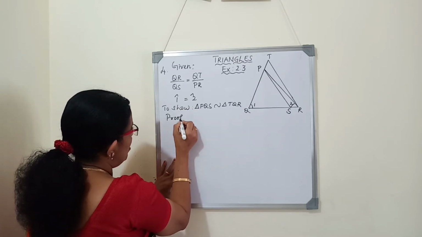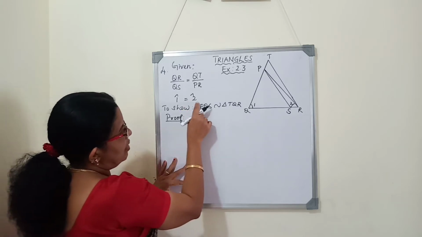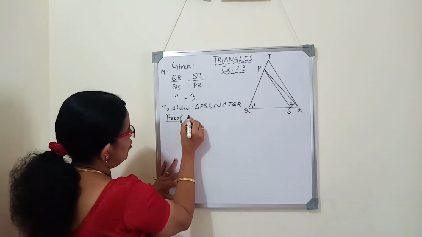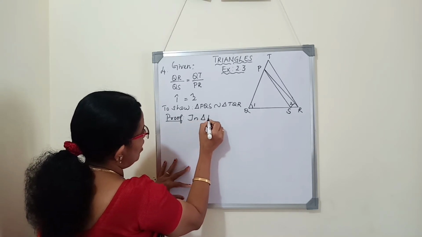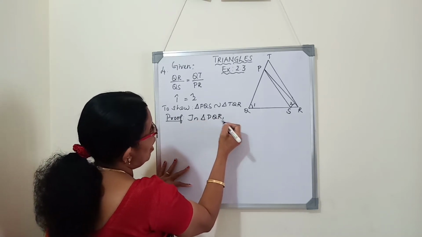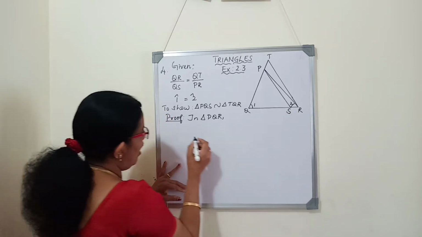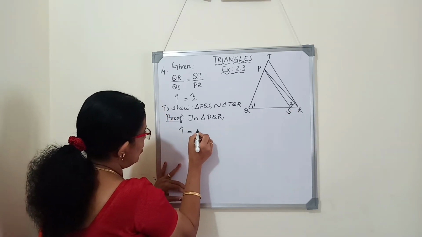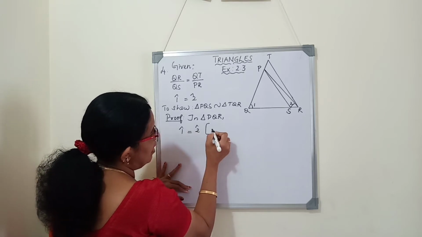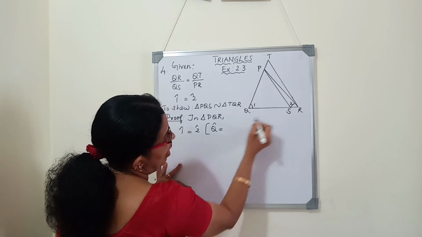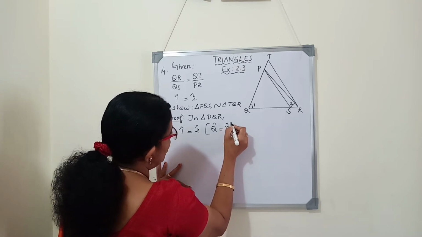Proof. In which triangle is angle 1 equal to angle 2? That is in triangle PQR. So in triangle PQR, angle 1 is equal to angle 2. That is angle Q is equal to angle R. Bracket I'll write: angle 1 is angle Q and angle 2 is angle R. These two angles are equal.